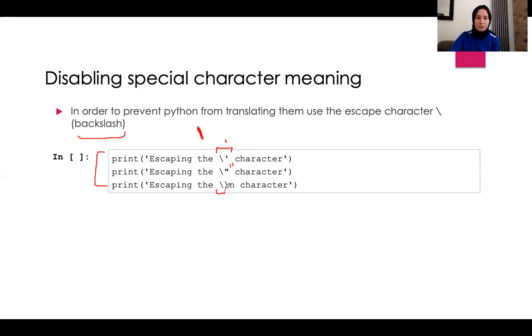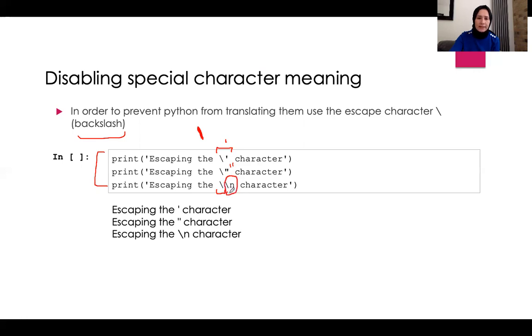However, when you insert one more backslash character, it means that you disable the special character. So when we run this piece of code, normally this should print the character on another line.